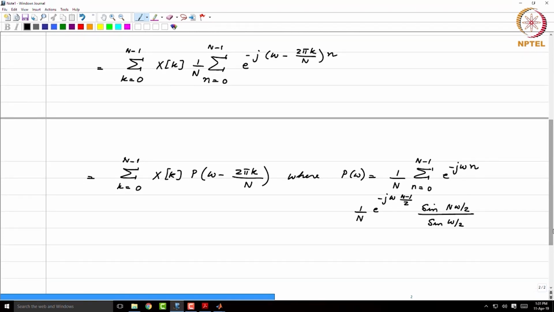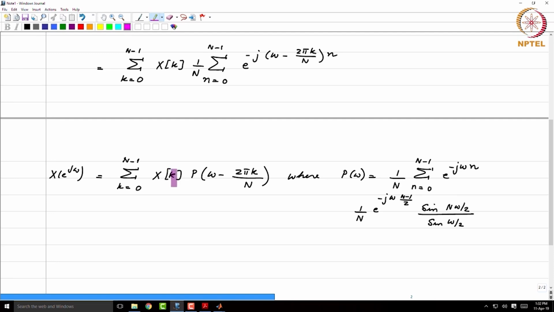So what is happening here is, remember, on the left hand side we have X(e^{jω}). We are taking the samples X(k), which are known only at spacings of 2π/N apart. So these are the samples of the DTFT.